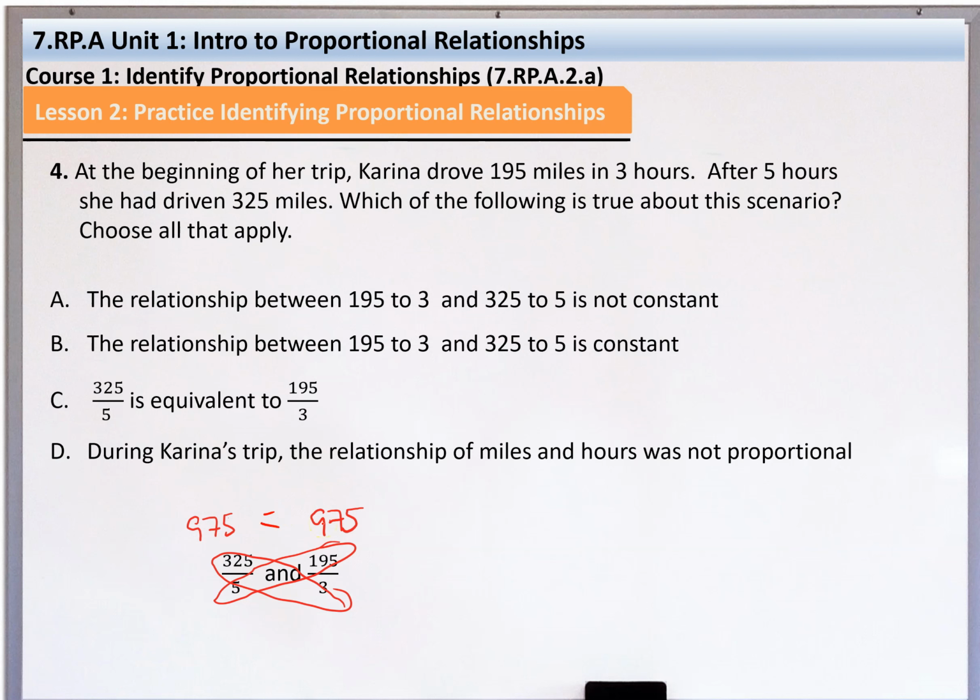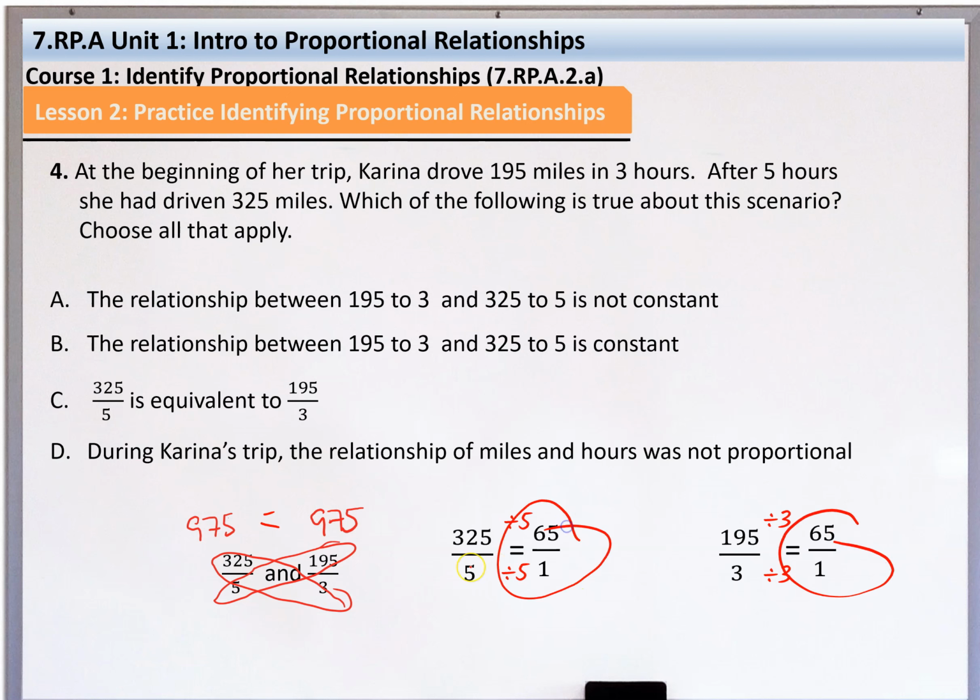So that's one way. Another way, we could have simplified 325 fifths and got 65 to 1, or 65 miles an hour. And we could have simplified 195 thirds and got the same thing. So they both simplify to 65 to 1. So it is proportional.